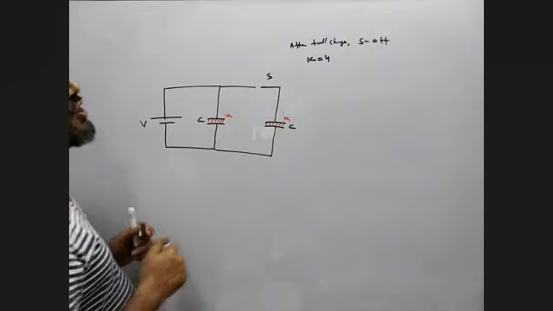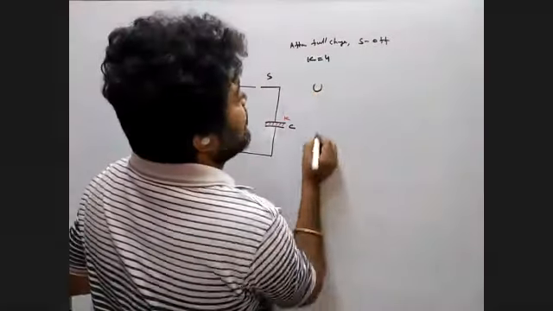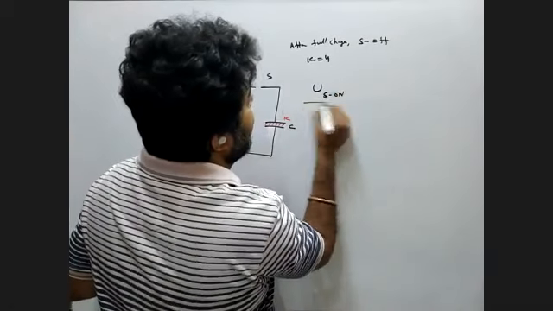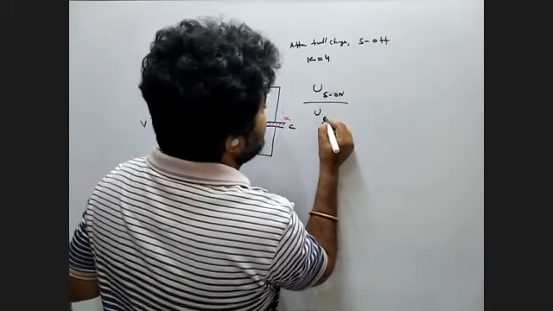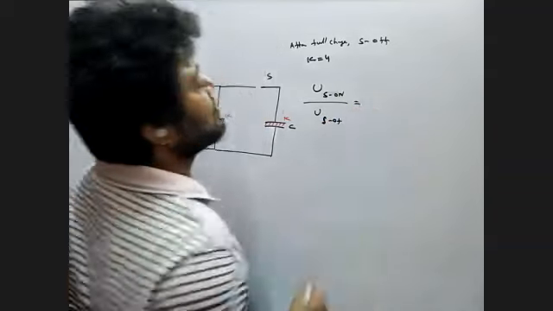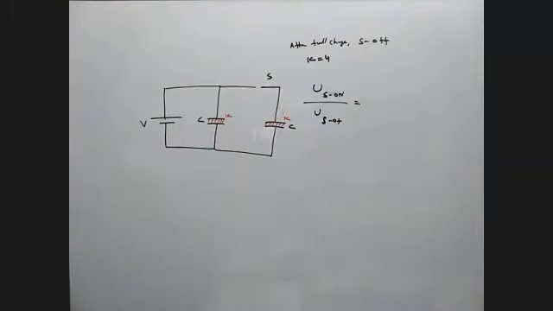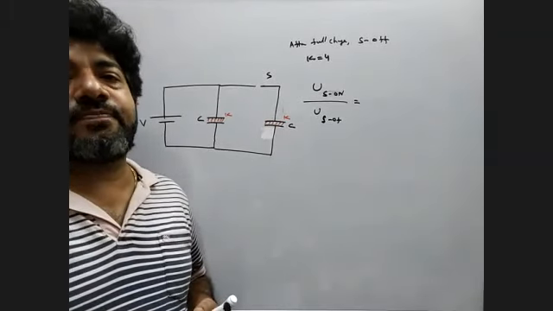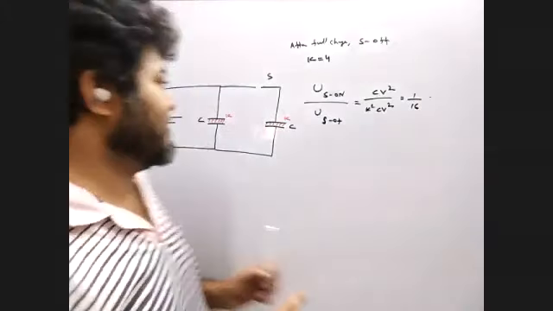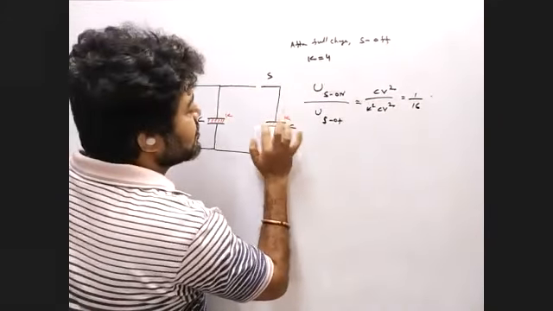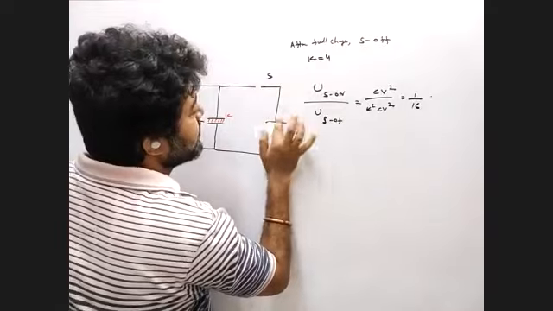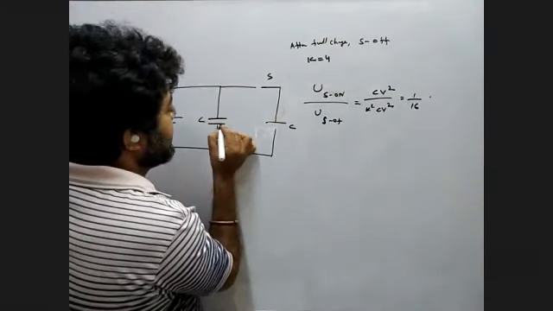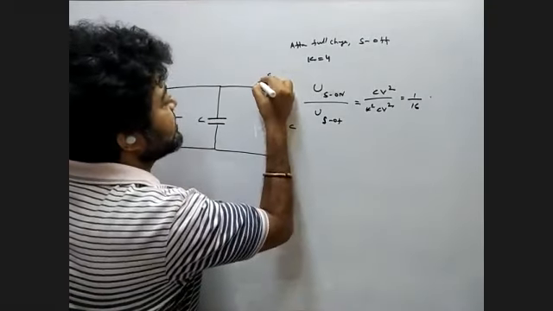Now the question is the total energy stored when the switch is on and when the switch is off. Find the ratio of energy stored when the switch is on and when the switch is off. So I give you a basic question. See, initially suppose no dielectric slab is there, and obviously the switch is on.